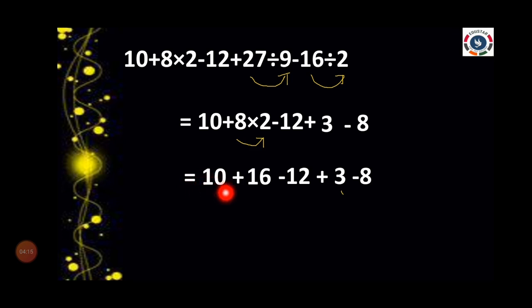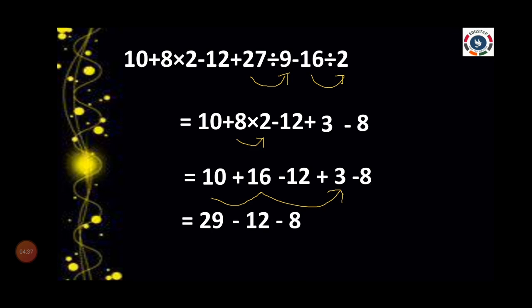So 10 plus 16 plus 3. We are going to add these plus values alone. How much are you getting totally? 29. The remaining numbers you bring down as it is. Minus 12 and minus 8.